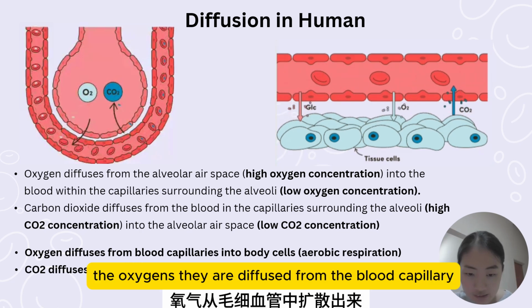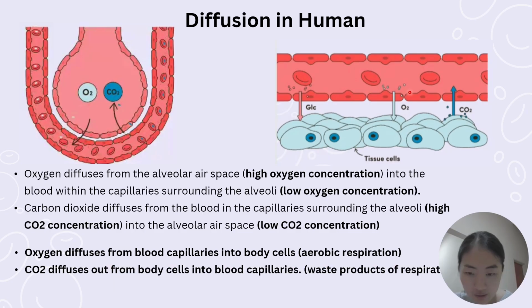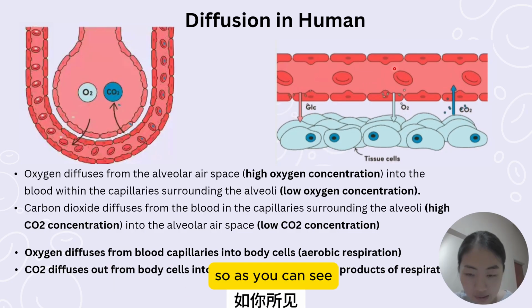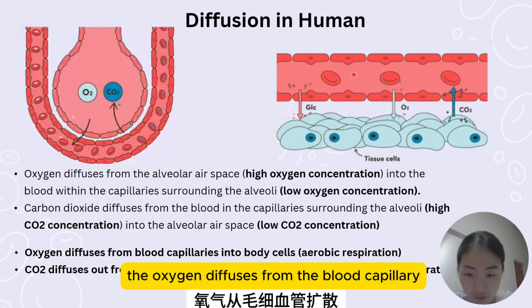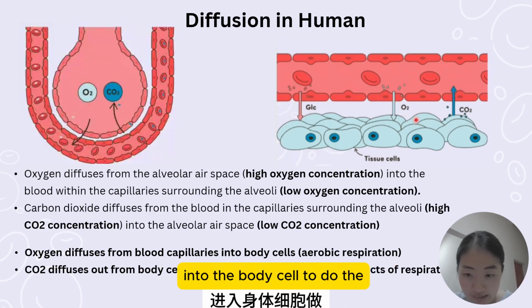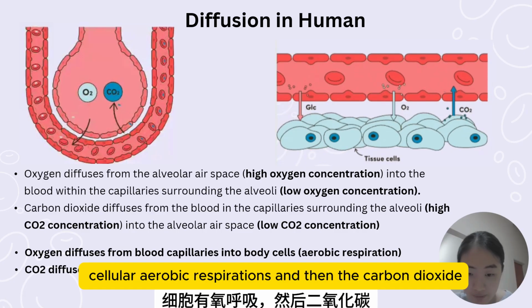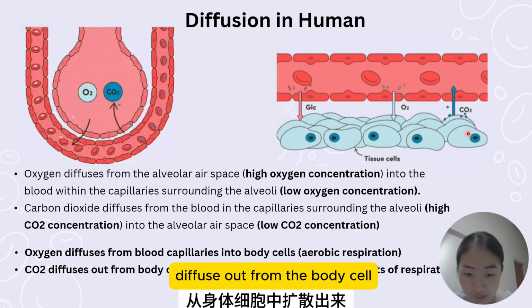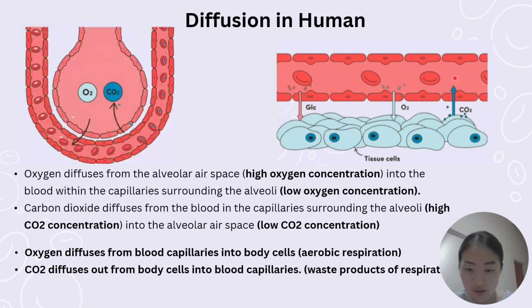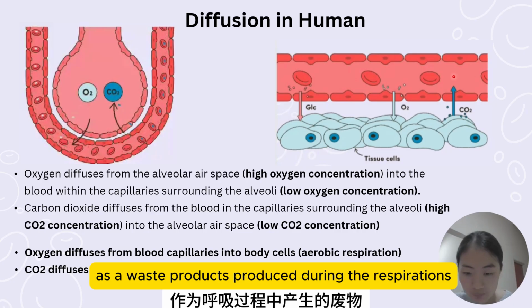The oxygen diffuses from the blood capillary into the body cell to do cellular aerobic respiration. And then the carbon dioxide diffuses out from the body cell into the blood capillary as a waste product produced during respiration.